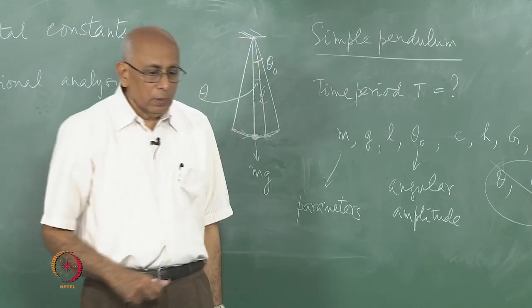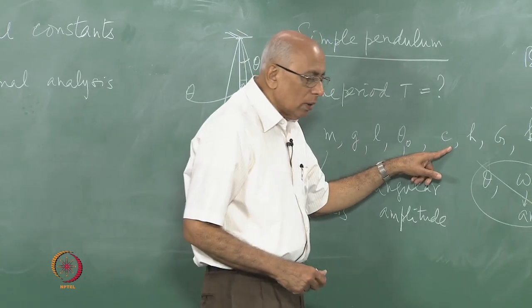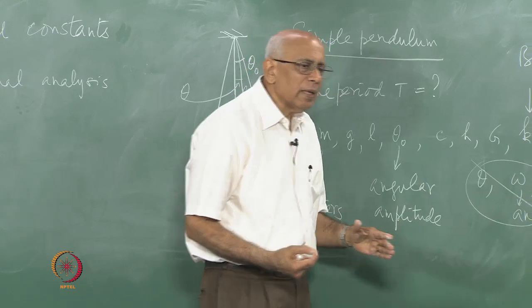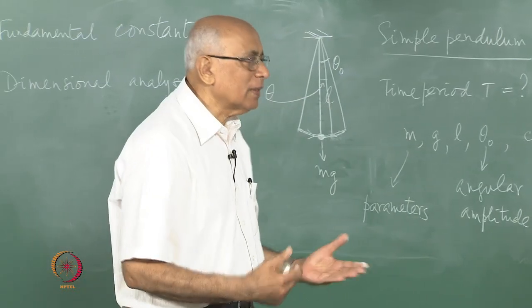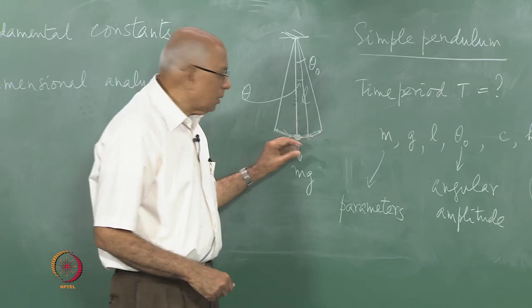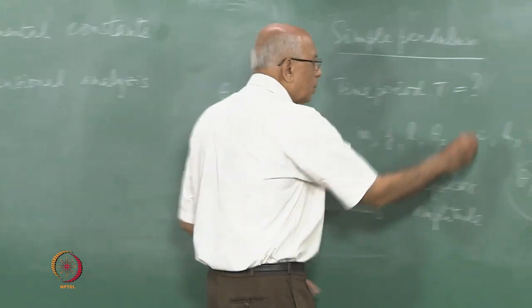But now let us eliminate these quantities. I mentioned that this C plays a role as soon as you have either very high speeds or something like light involved, electromagnetic radiation involved, electricity and magnetism involved. This is a classical mechanical problem. This object is neutral, there are no electric or magnetic forces, so we do not expect it to depend on this.